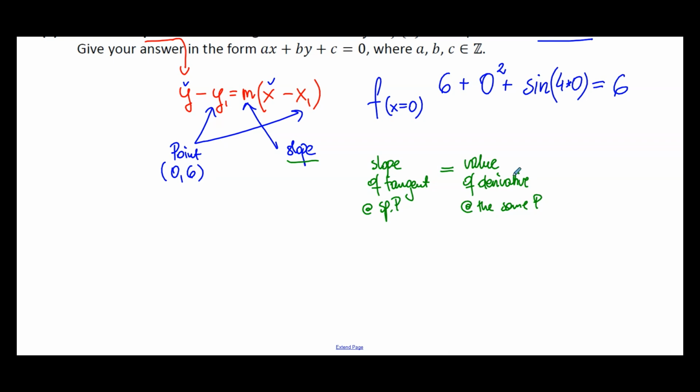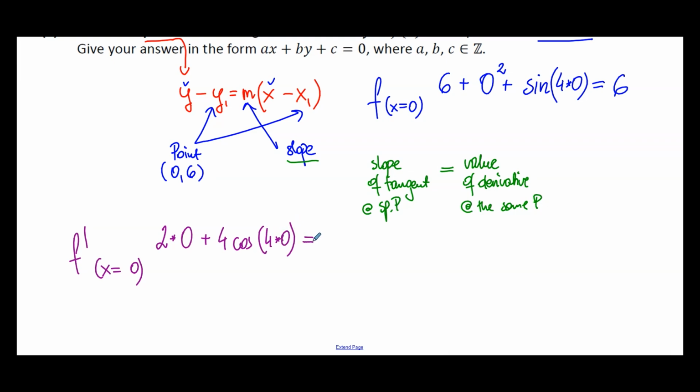So I need to find the value of my derivative at the point when x is 0. So my derivative when x is 0 is 2 multiplied by 0, plus 4 cos of 4 multiplied by 0.